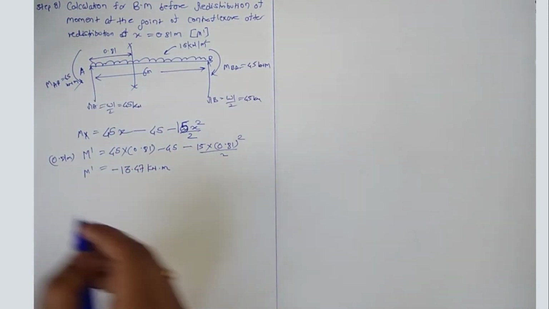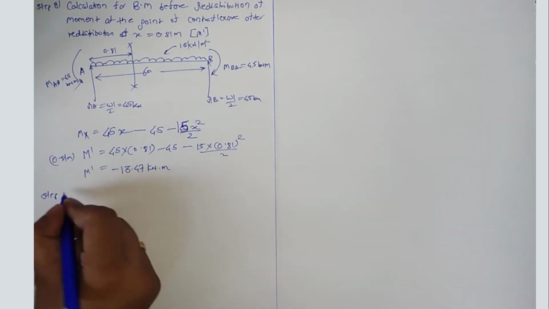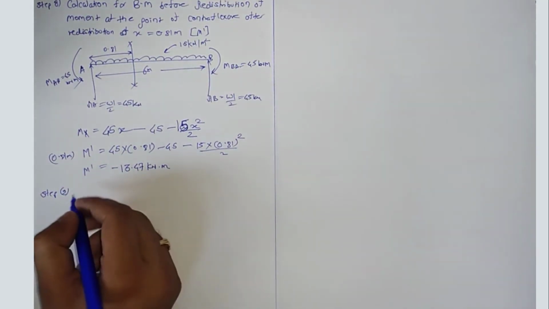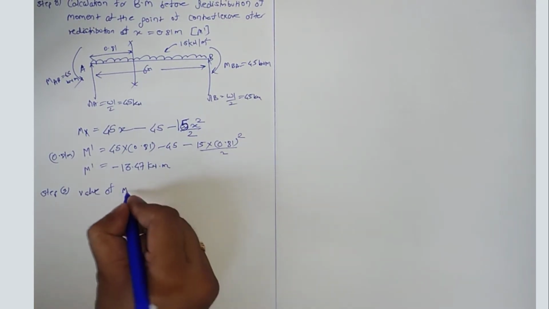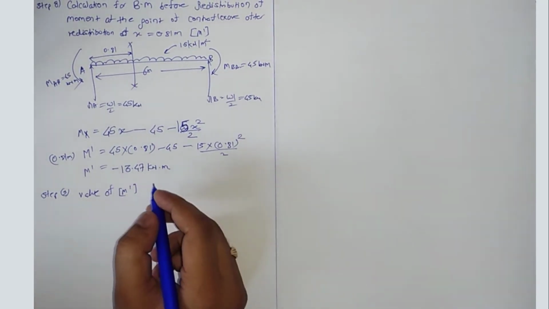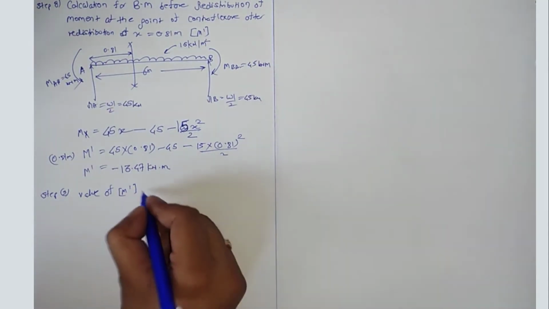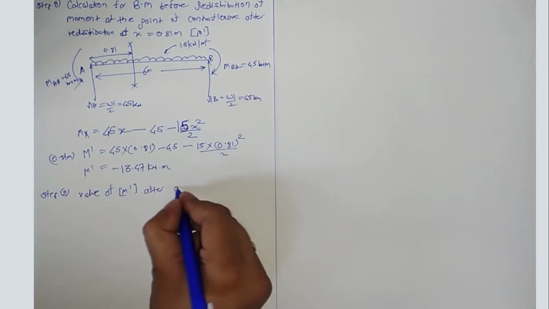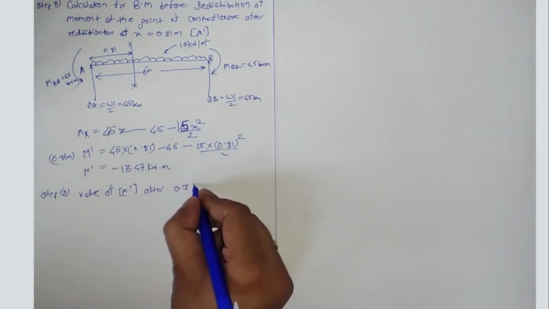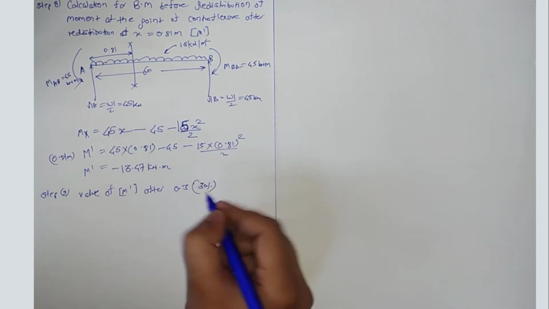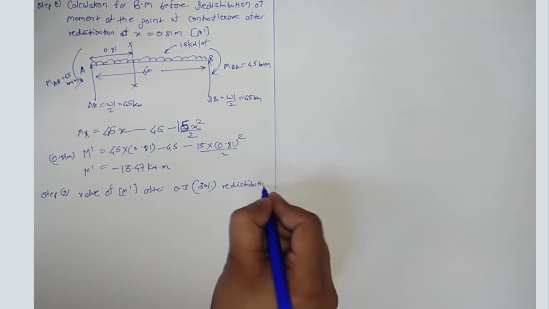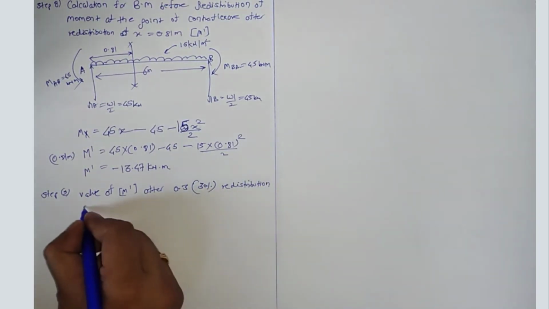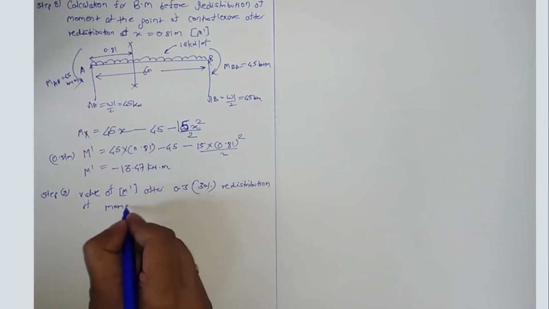So the last step, step 9, is about the value of M dash. M dash stands for the moment after redistribution. M dash after 0.3, which means 30% redistribution of moment.